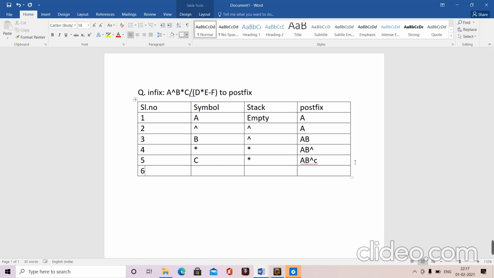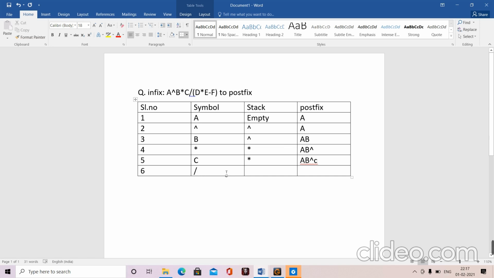In step 6, we have the division symbol. When the division symbol arrives, we have to see the previous stack. In the stack we have multiplication, but the new symbol that arrives is division, so these two will be compared.